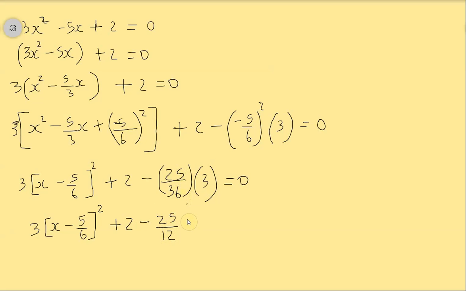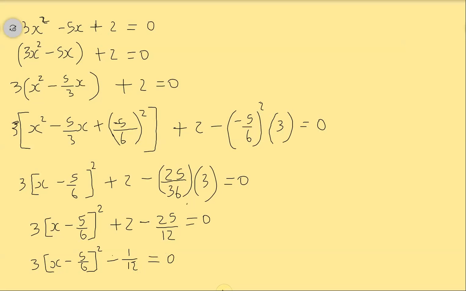Great. That's equal to 0. Now we need to simplify. Now we should note that when you subtract 25 upon 12 from 2, that is going to result in 1 upon 12.